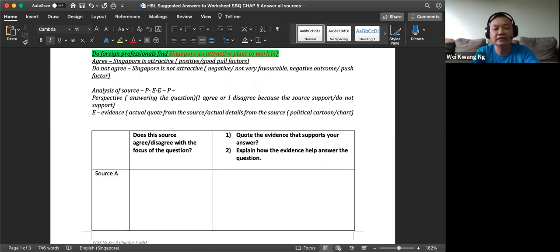And the last one is the last E, which is your explanation. And why is this explanation important? This explanation that we're talking about, I'm going to put an asterisk over here. This is the most important thing.